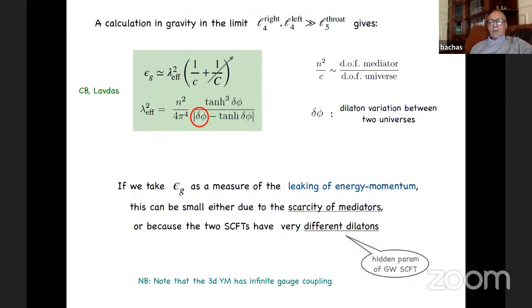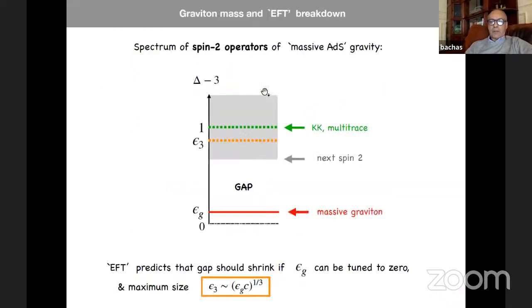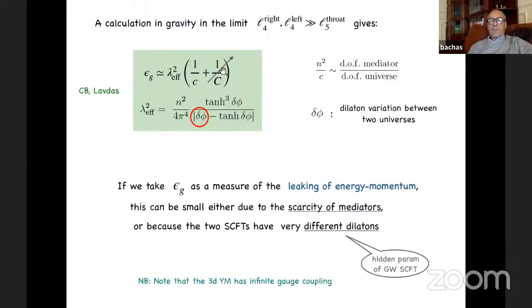Now, our main quantitative result in the paper with lambdas is that we actually calculated this epsilon g in the setup I just described. And you see the formula is very much reminiscent of the conformal perturbation theory formula. It's given here, but we have a very precise meaning for the lambda here.